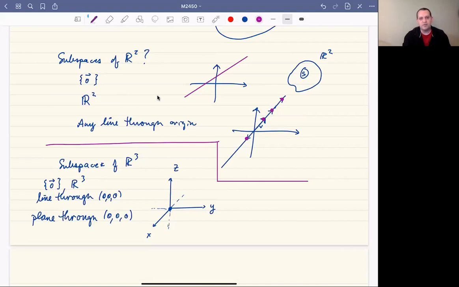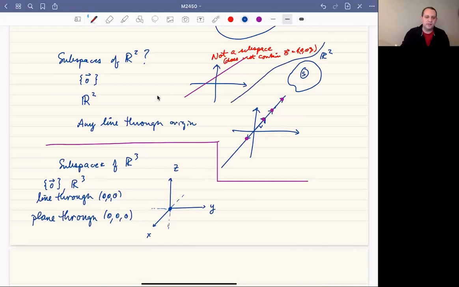That means that the 0 vector in the underlying space R2 isn't in the subset, and automatically that means it's not a subspace. So this is not a subspace because it does not have the 0 vector, which in R2 is 0, 0, or however you want to write the vector. That turns out to be a key feature there.